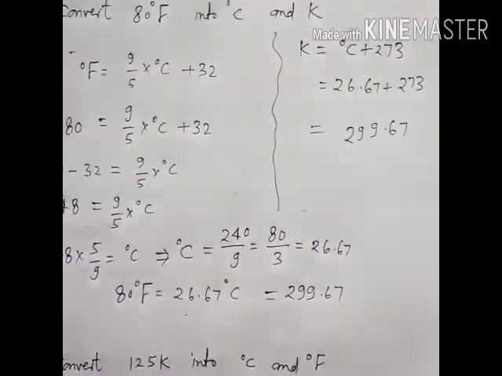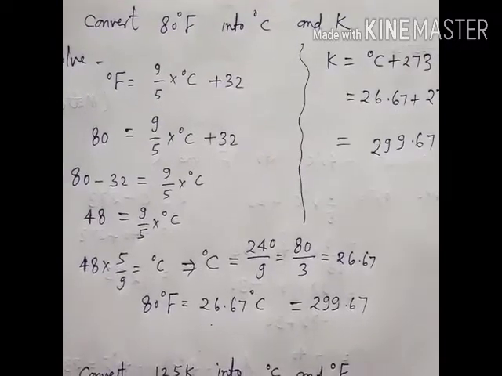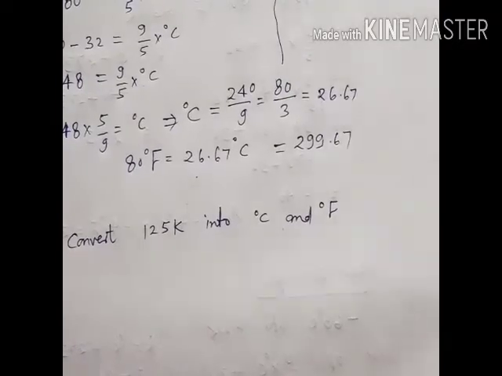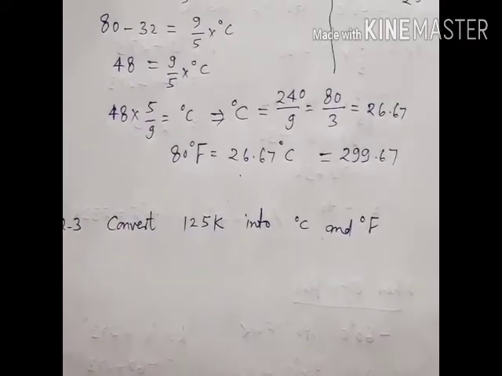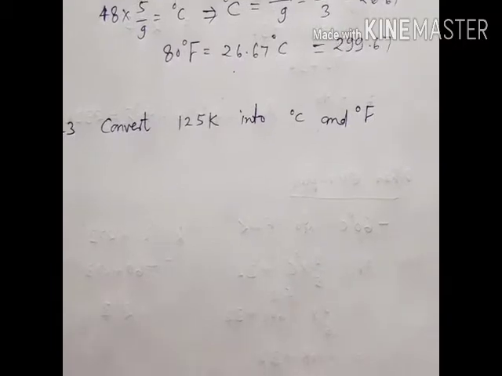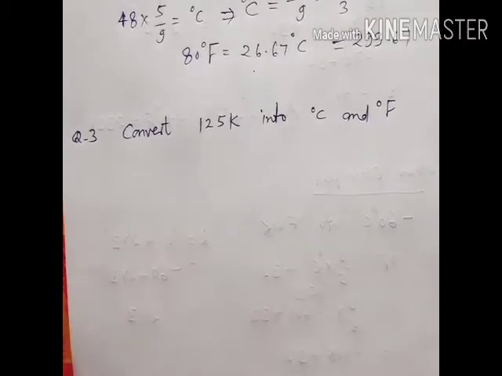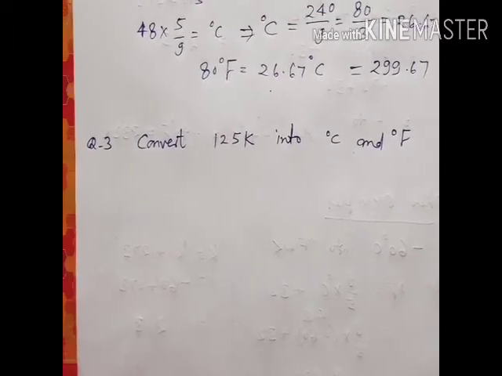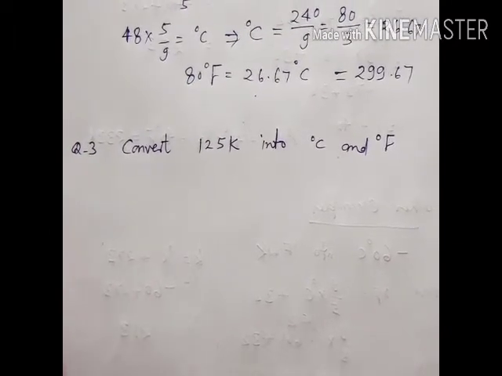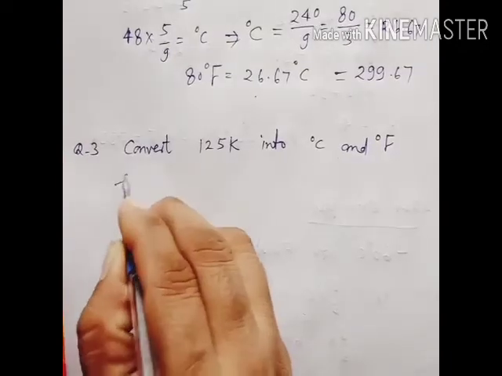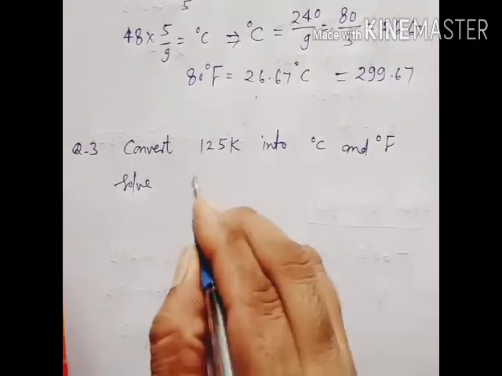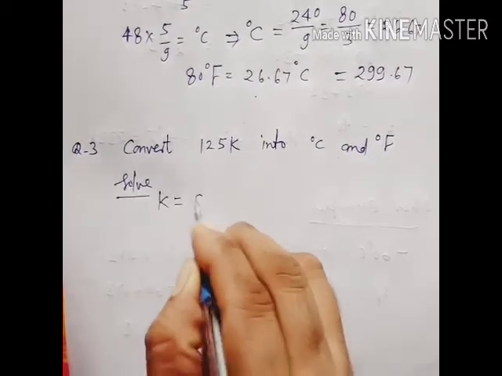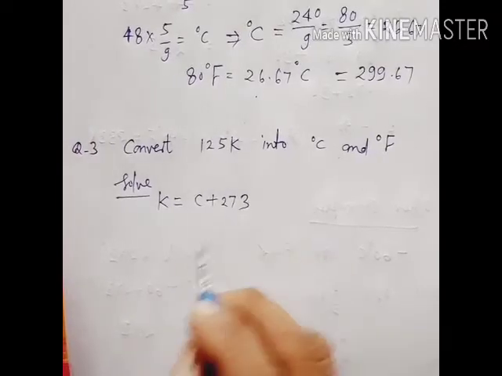Now we have to solve question number 3. Convert 125 Kelvin into degree C and degree F. As we know, K is equal to C plus 273.